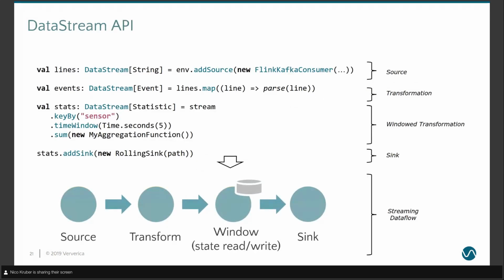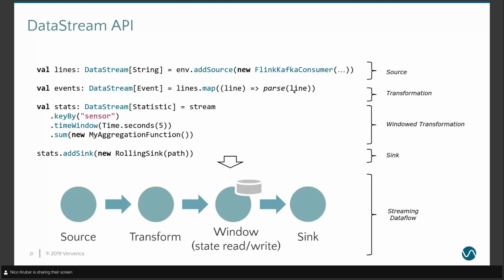And how you do things in there, you write your job in Java or Scala. This example is Scala, so you define the sources programmatically. You say from a stream or batch environment, you add a source. In this example, I will read from Kafka. Then I will map a line, let's say I want to parse a line.